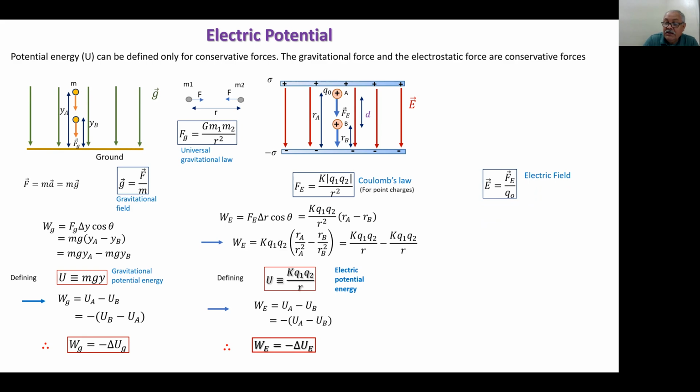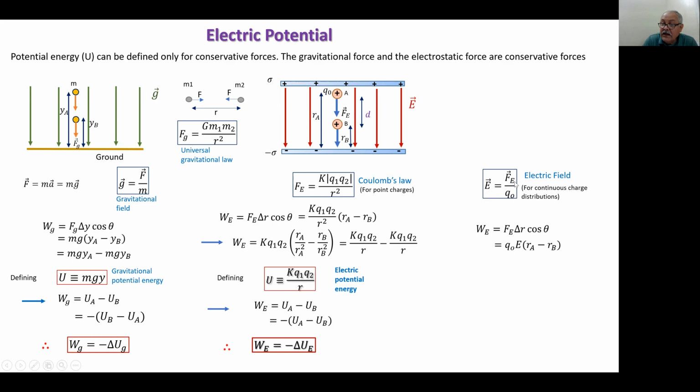Now let's use the case when we have a continuous object, like a continuous distribution of charge in an object. The same thing applies when we use the definition of work done. In the previous case, we used Coulomb's law.